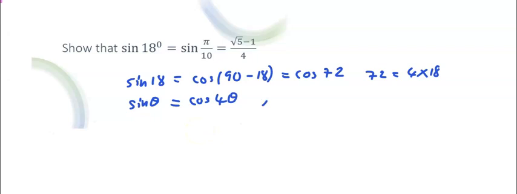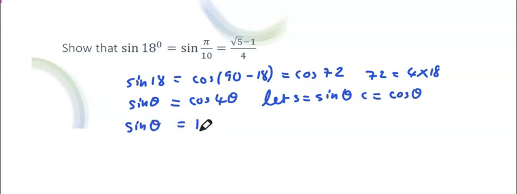So for convenience, I let S equal sin theta and C equal cos theta. So that sin theta equals 1 minus 2 sin squared 2 theta.